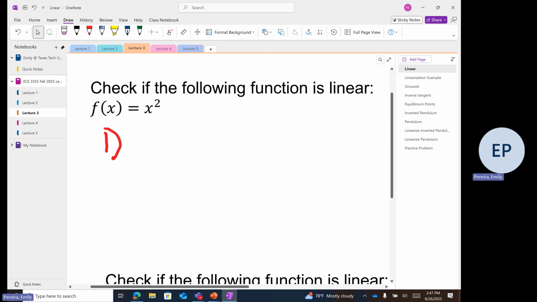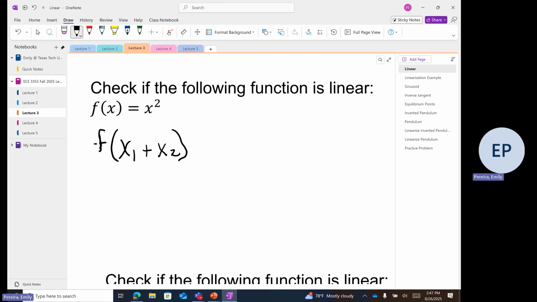So if we have x1 plus, say, our x2 input, and we apply the function, what do we get?